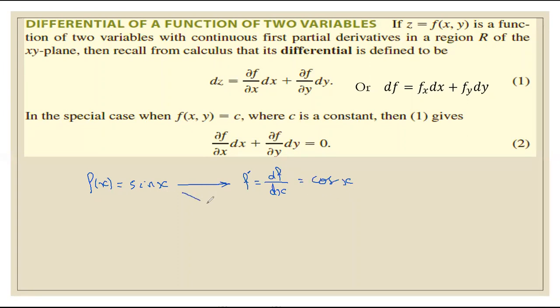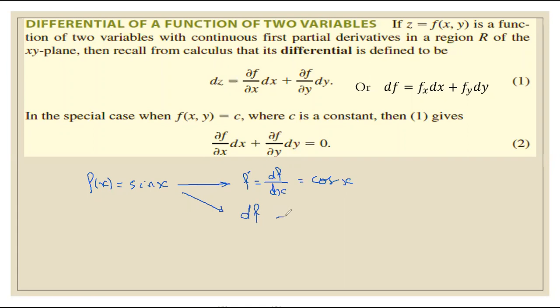Now, if I need to find the differential of this function, it has a notation df, only df, without the denominator dx. So the difference between the derivative and the differential is that in the differentiation, I have df over dx, but in the differential, I have only df.